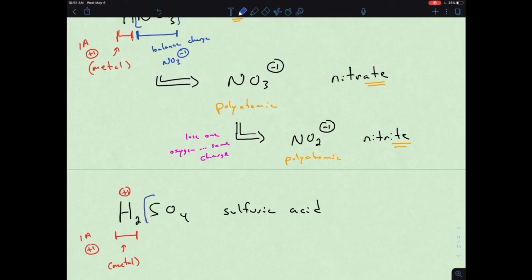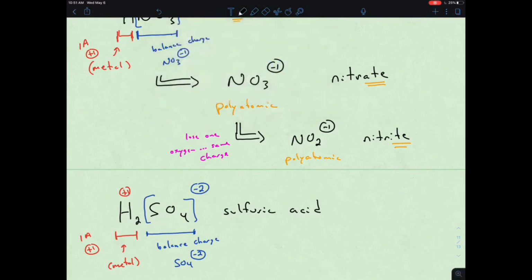And so my non-metal here is really a polyatomic, and that's where I need to balance my charge, which would be SO4, then -2. Right, there are two hydrogens, both are +1, so the SO4 must be -2.